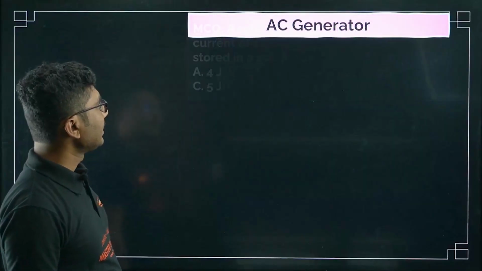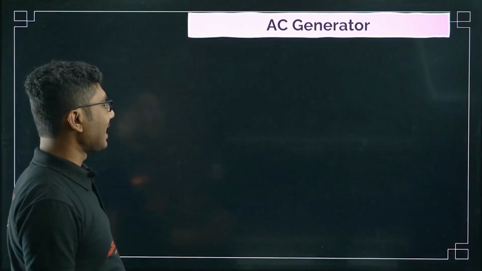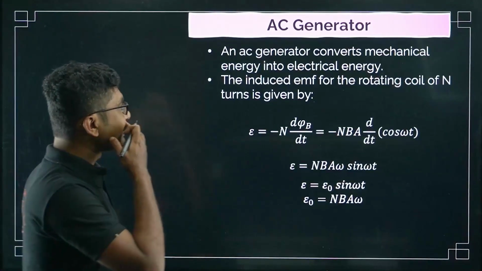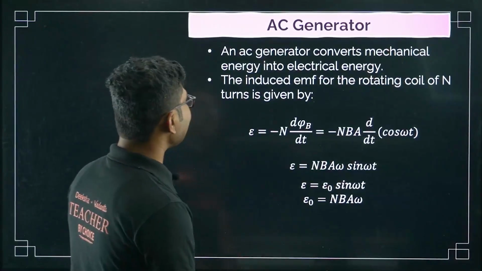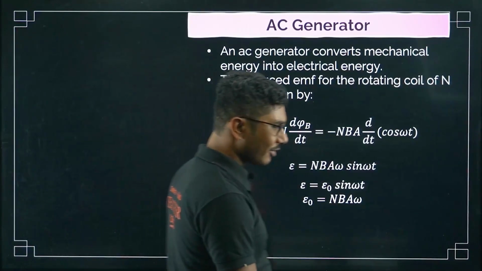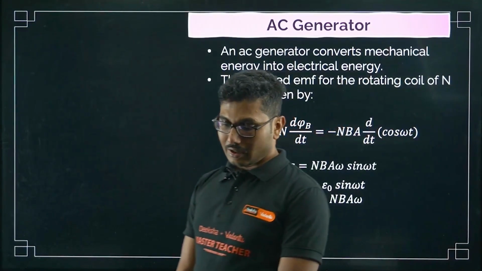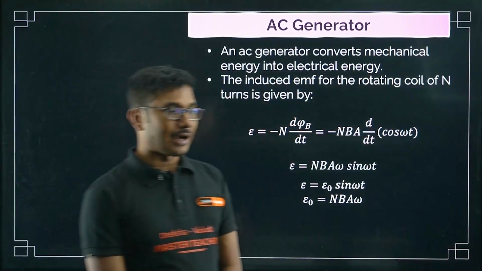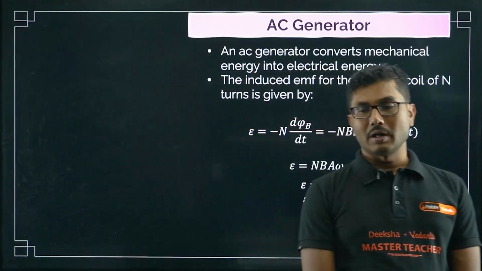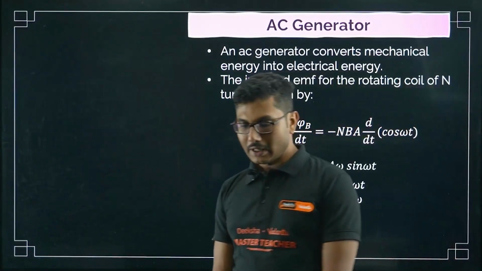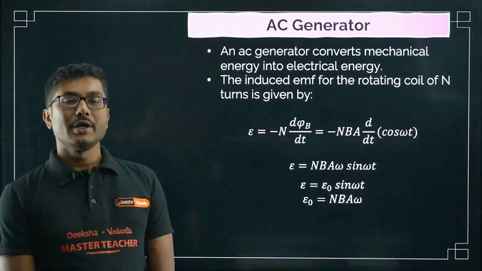Now next, AC generator. This is the last concept of the chapter. An AC generator converts mechanical energy into electrical energy. This is the only way that we were producing electricity in our older days. Nowadays we have solar powered electricity, but this was one of the only ways to produce electricity.